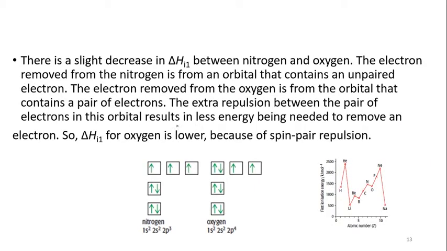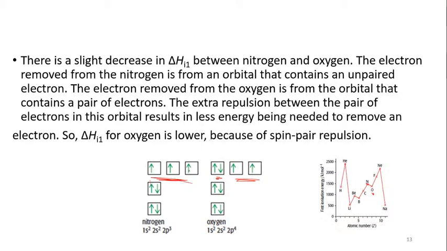Now, to explain the slight drop between nitrogen and oxygen, I also have to look at the electronic configuration. It tells me that nitrogen has half-filled p orbitals, while oxygen has one paired orbital and two unpaired, half-filled p orbitals.